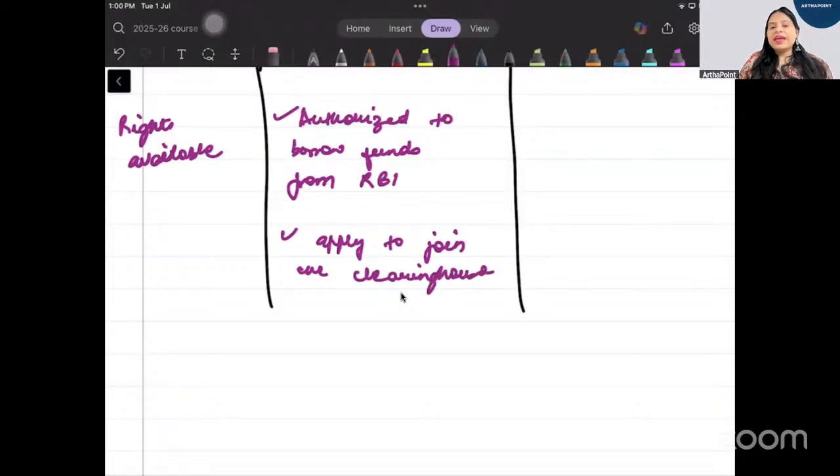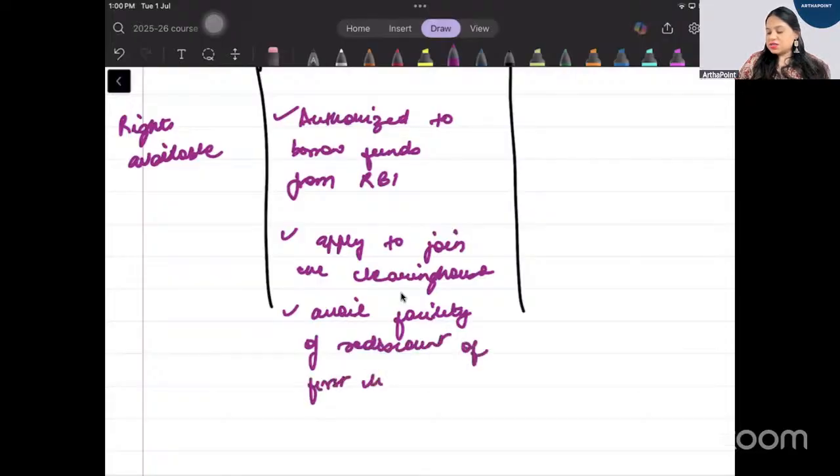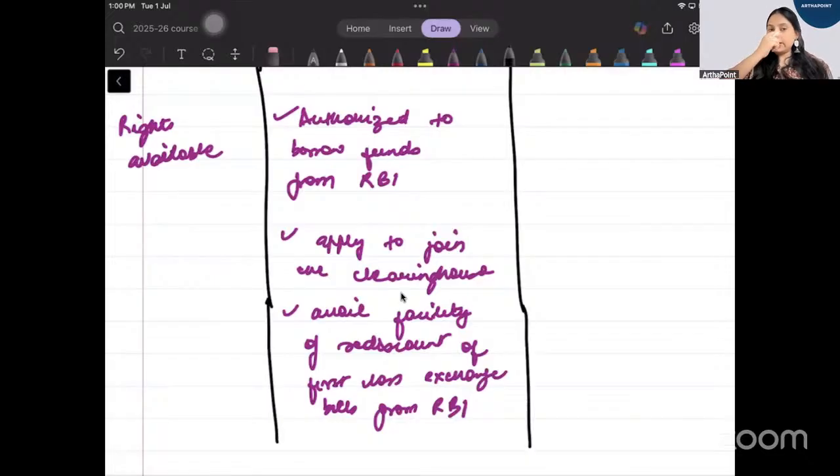Right? It can go ahead and it can avail facility of rediscount of first class exchange bills from RBI. So when we talk about scheduled commercial banks, basically क्या है कि वो जो हैं वो RBI से easily funds ले सकते हैं.